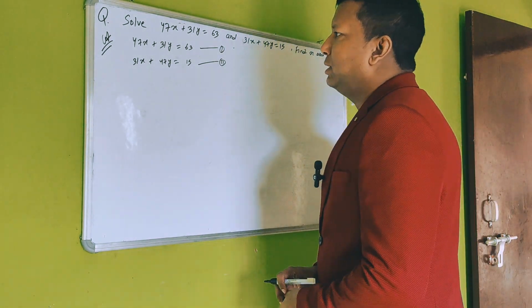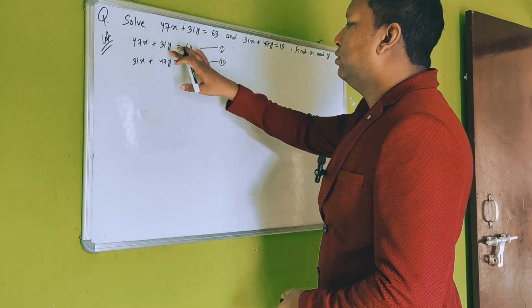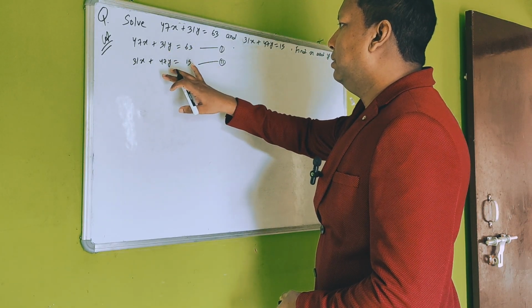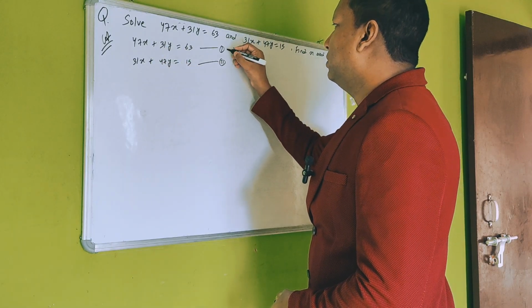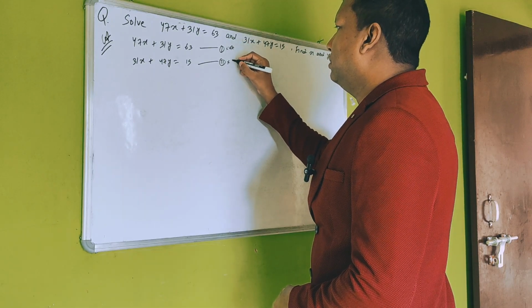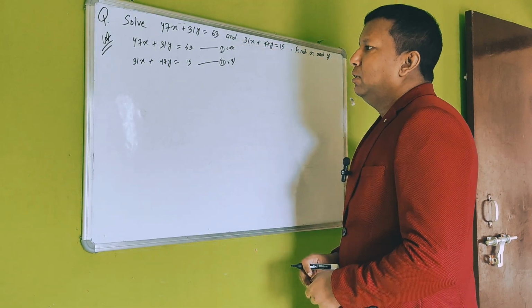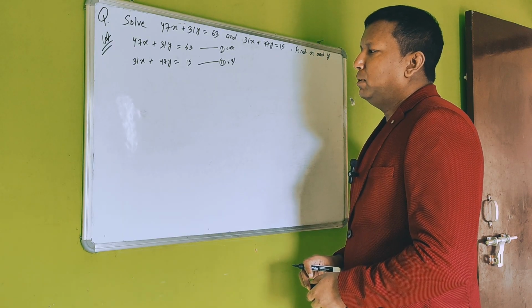If I use the conventional approach, to remove the y part, we need to multiply by 47 and by 31. So this is the conventional or older approach.